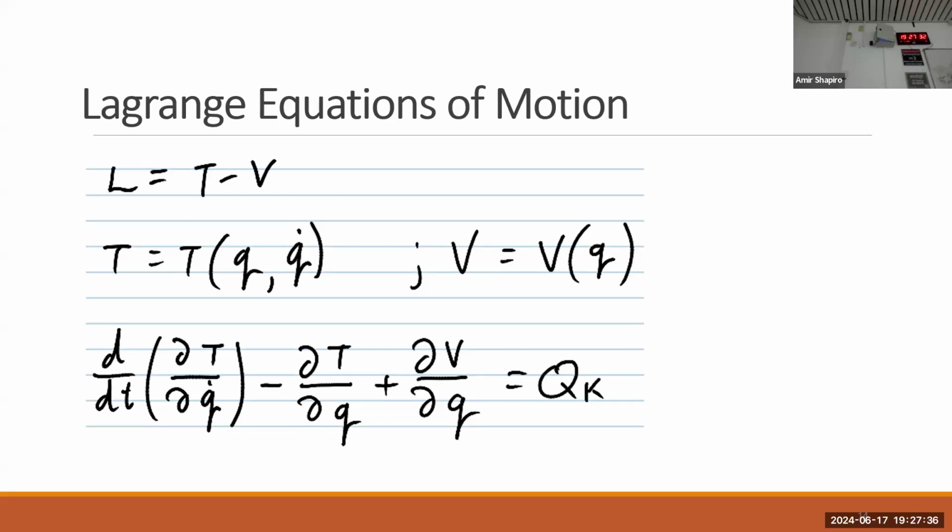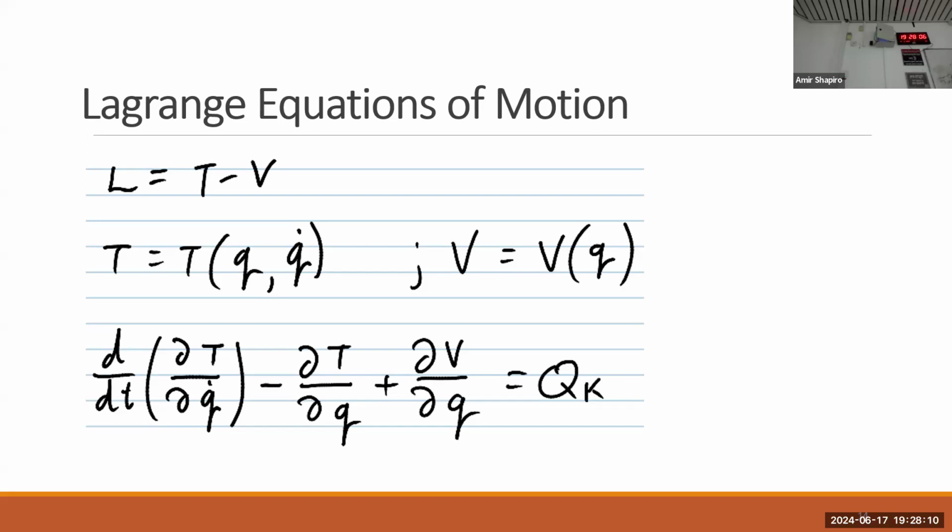Therefore, we can write the Lagrange equation of motion, where we substitute T of q, q dot and V of q. And where we have dV/dq dot, it simply vanished because there is no q dot.